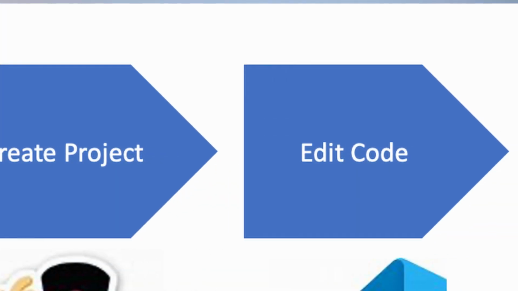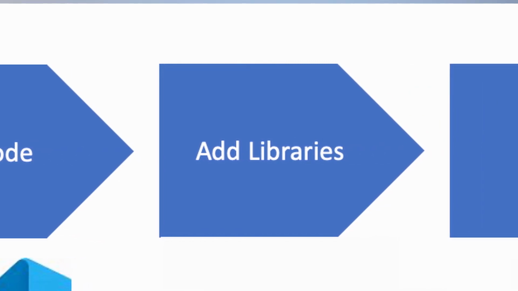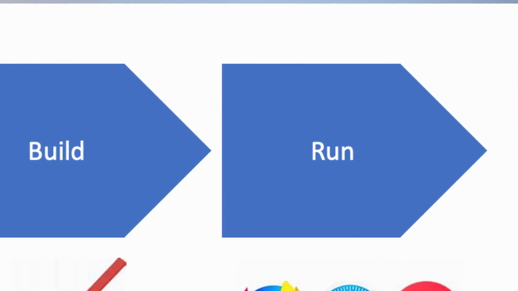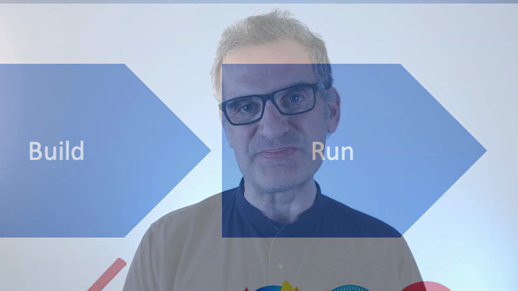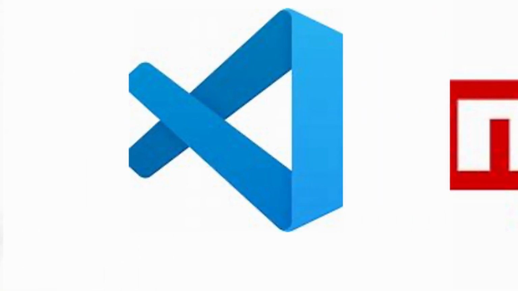Steps we need to take are creating a project, editing the code, adding supporting code libraries if needed, building or compiling our code, and then running our code to make sure everything's working as expected. How do we do this with the SharePoint Framework? We create a project using a package called Yeoman. We edit using a code editor. There's many available, but for this series we're going to use Microsoft's Visual Studio Code.